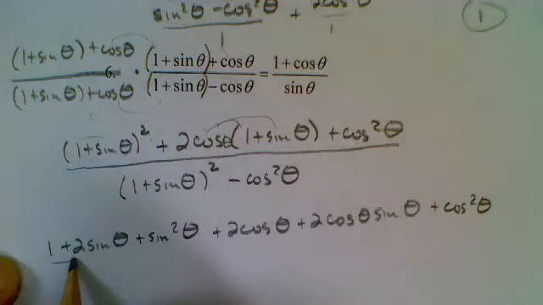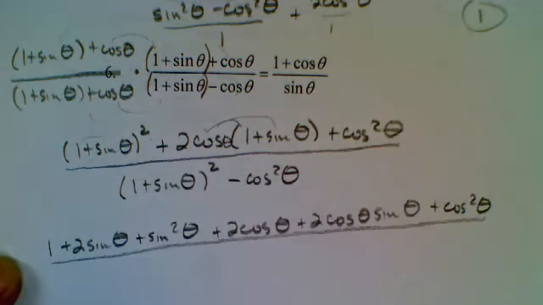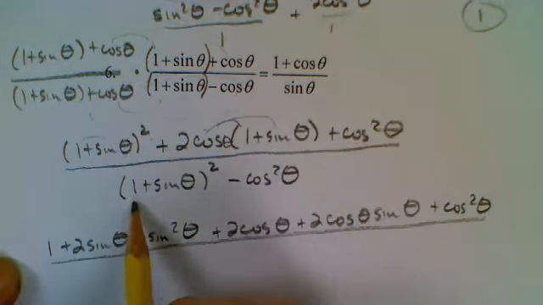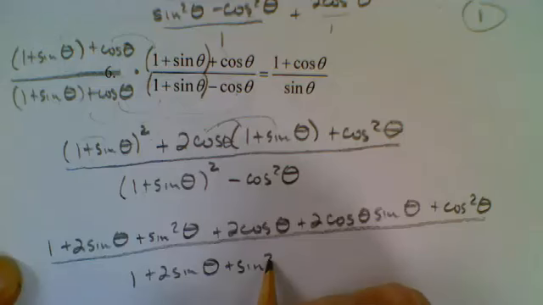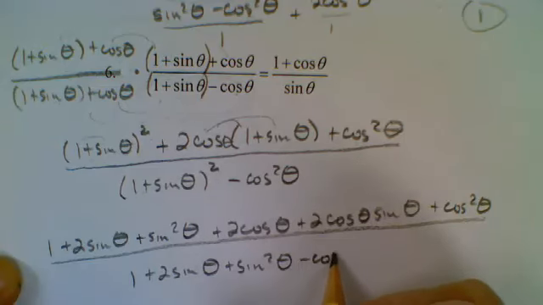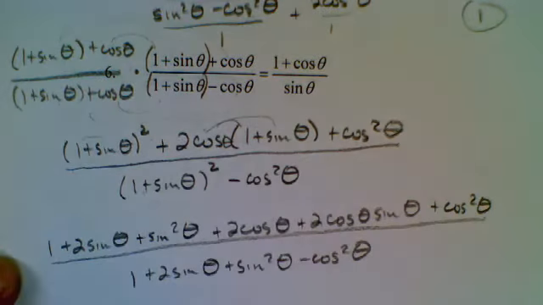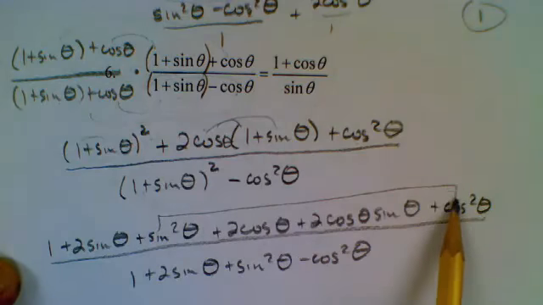All right, a lot of terms, but I think we can put some of them together. In the denominator, I'm going to do the same thing. I'm going to multiply that out: 1 plus 2 sine plus sine squared minus cosine squared. So now we have to see what we can put together, what we can factor, look for those Pythagorean identities. So I see one Pythagorean identity right here. Sine squared plus cosine squared is 1.